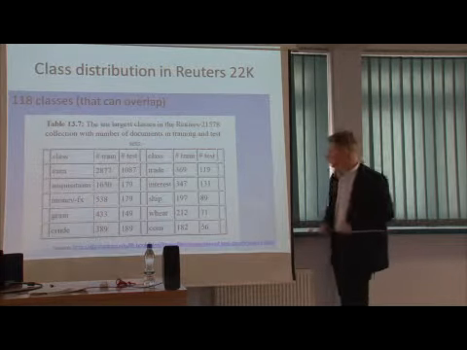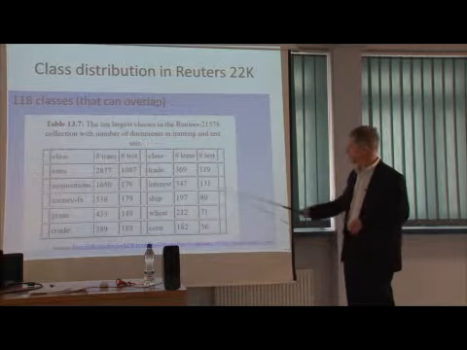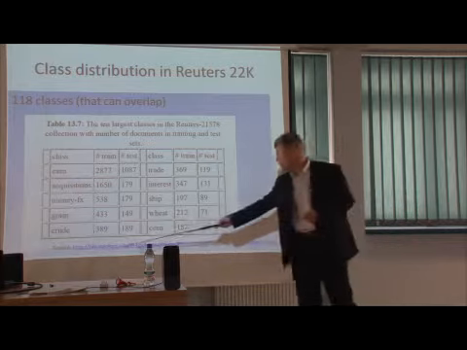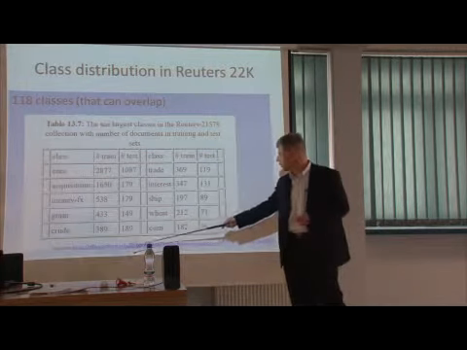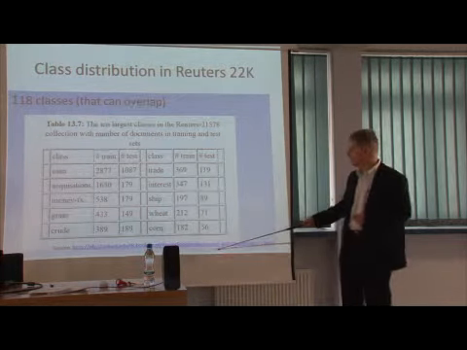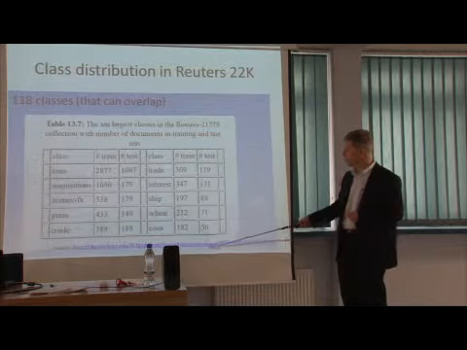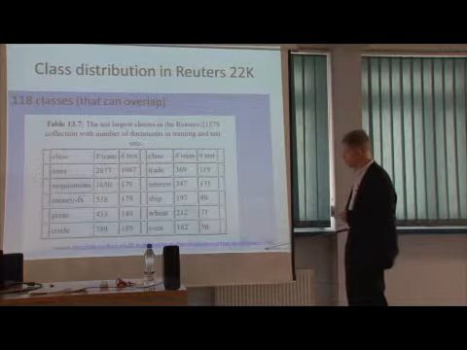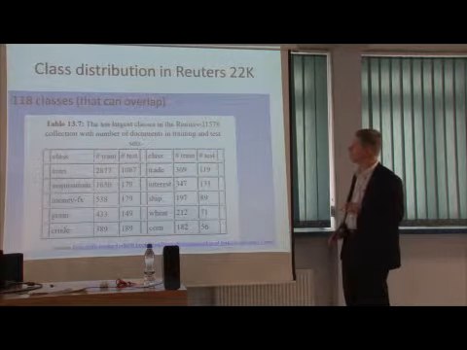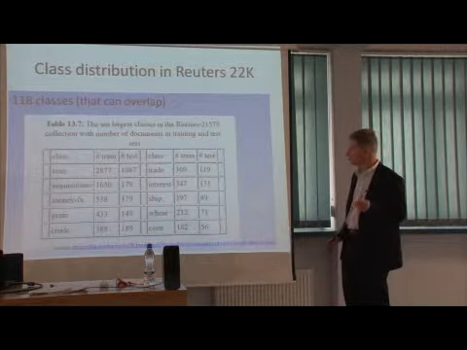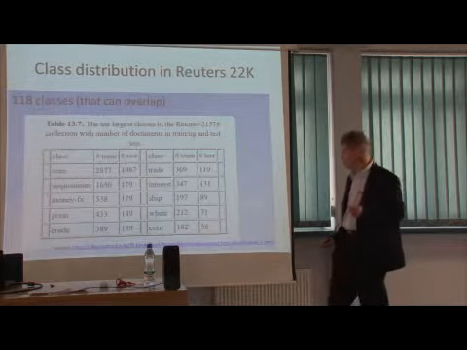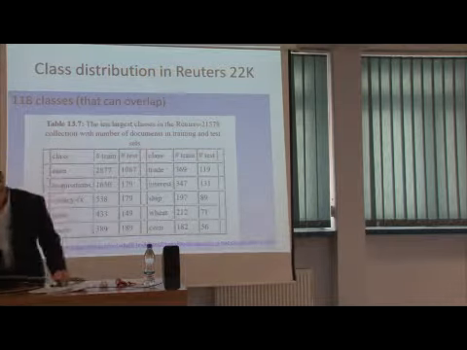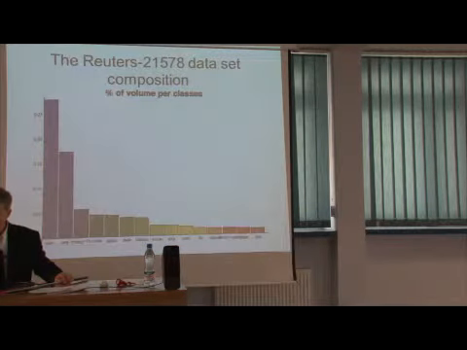This distribution is from Stanford NLP. There is an information retrieval book available online, so you can read it if you wish. That's the book by Chris Manning and Schütze.